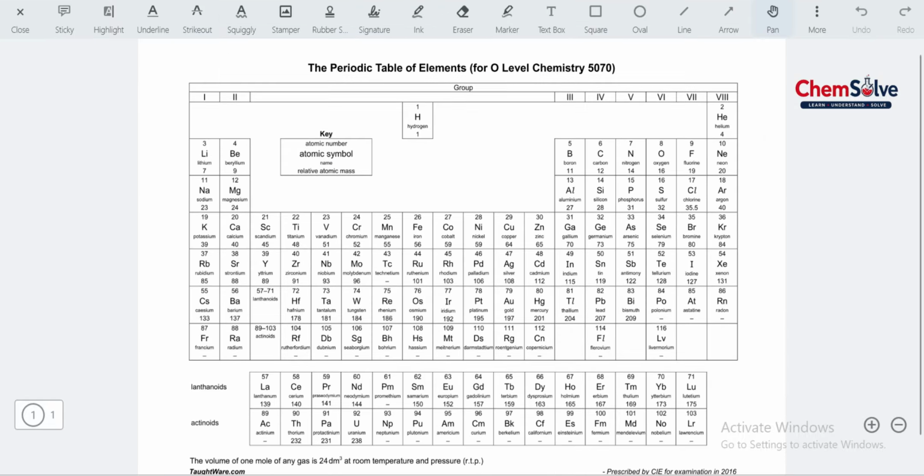Okay, we need magnesium, and magnesium is here. Molar mass of magnesium is 24, and we need nitrogen. The molar mass of nitrogen is 14, and the molar mass of oxygen is 16. So we need to remember 24 for magnesium, nitrogen is 14, and oxygen is 16.